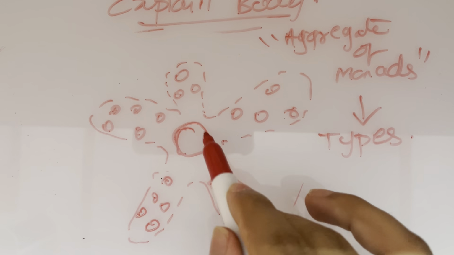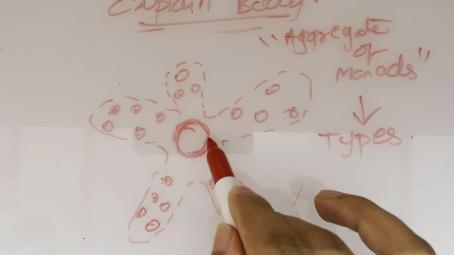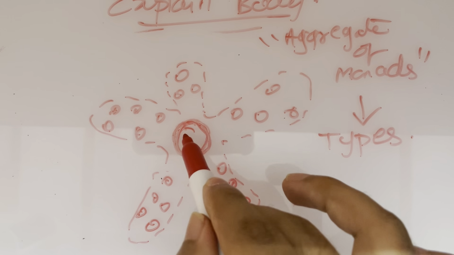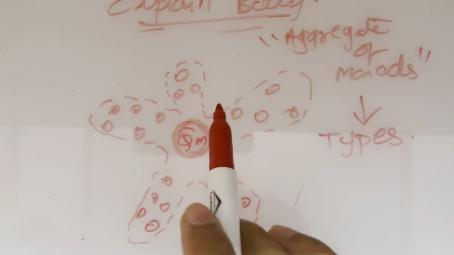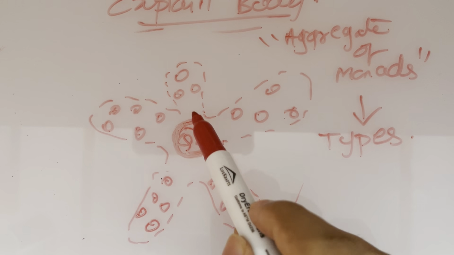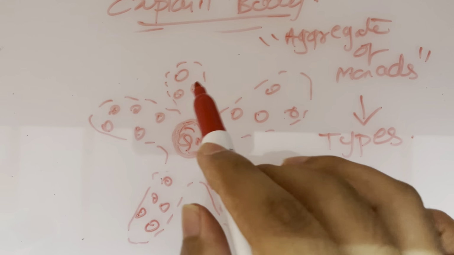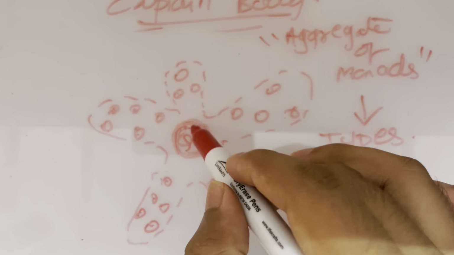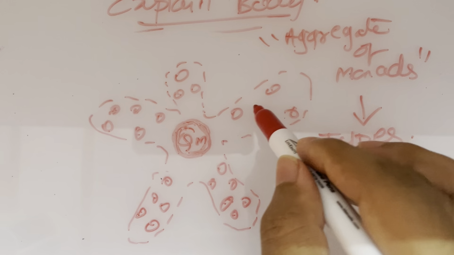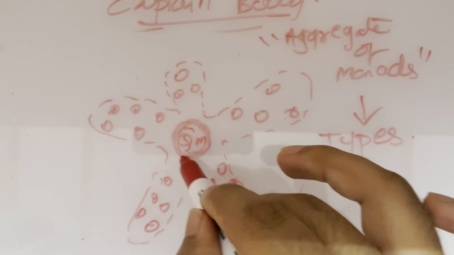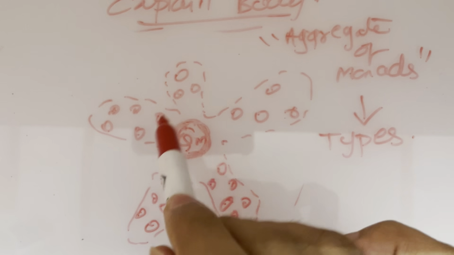I'm just drawing it at the center so that it can draw some attention. There is no need or geometric necessity of the queen monad to be at a particular place in the body. This is just for representation, and this is our monad in the aggregate with the highest amount of consciousness. Therefore this acts as the queen monad.